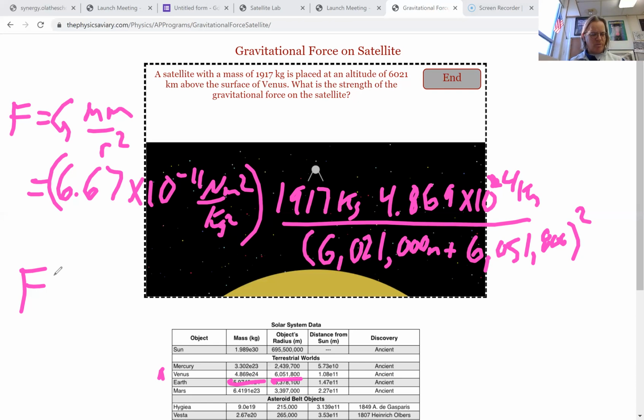And then I'm going to square this sucker. There it is. Equals 4,264.